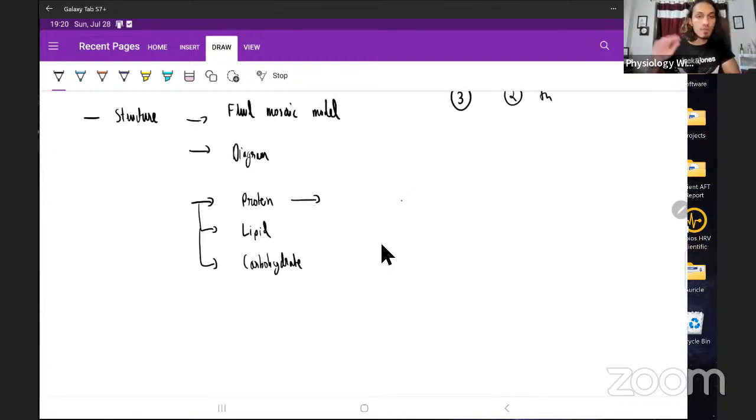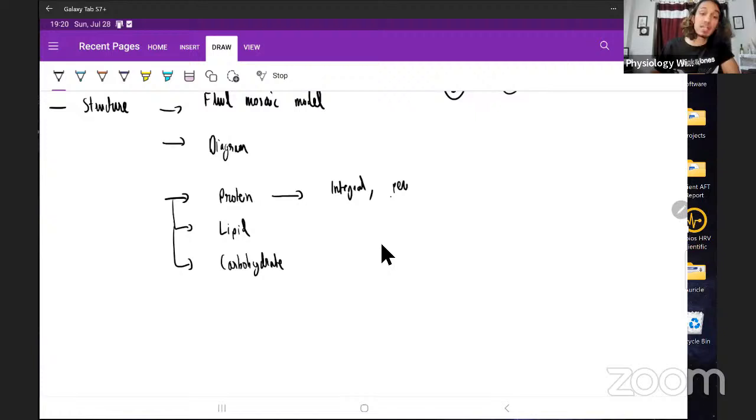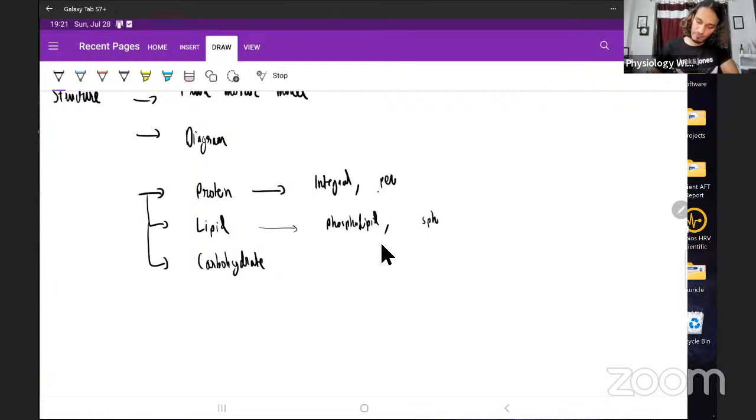So protein, what are the proteins? You can talk about the integral proteins. You can talk about the peripheral proteins and what their functions are. Then you can talk about your phospholipids, and draw the structure of a phospholipid. Then you can talk about other structures like sphingomyelin, sphingolipids and all of that, and galactocerebrosides.